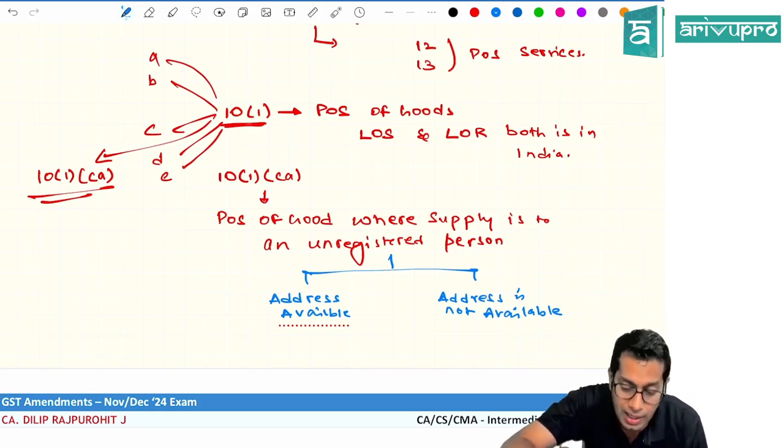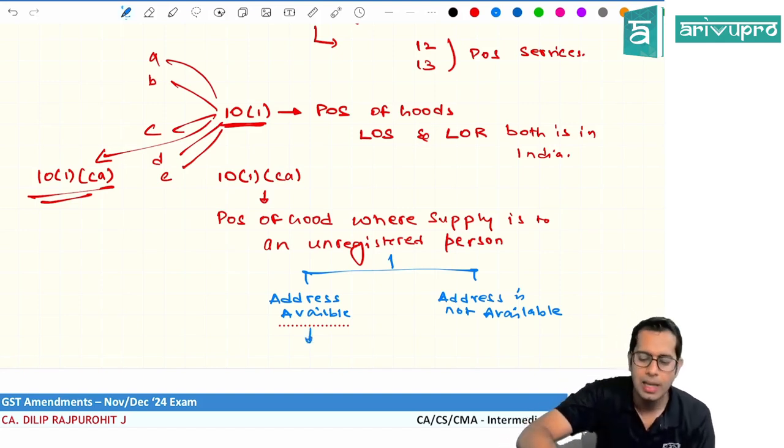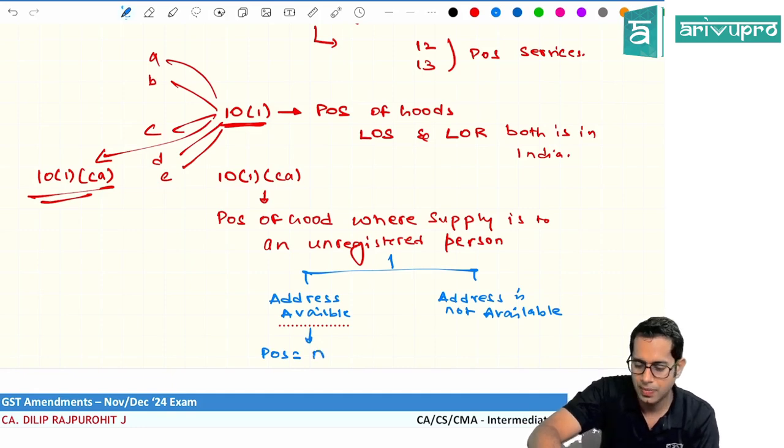Now, if the address of that unregistered person is available, then the place of supply will be that address.